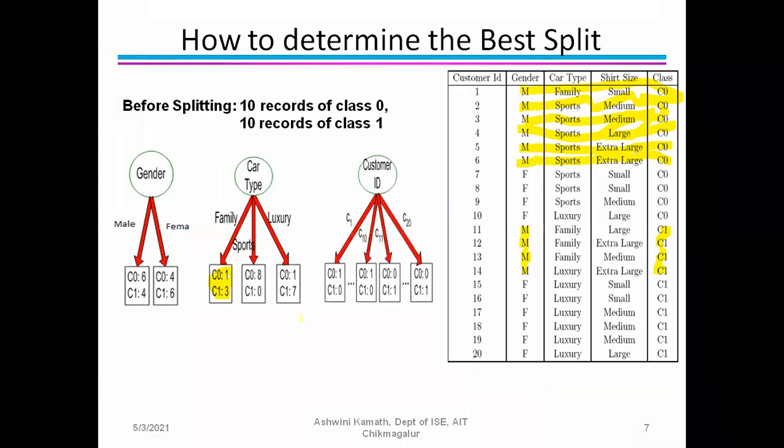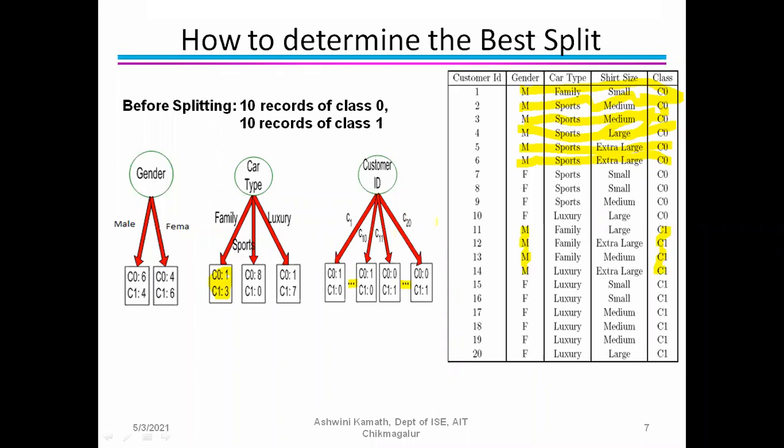Customer ID, you can see here. If I use customer ID, you can see the dot here. For each and every value, it has been written, for C1, then C2, C3, C4, up to C20.